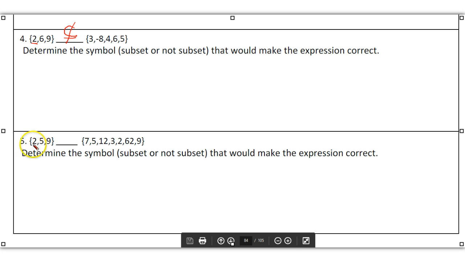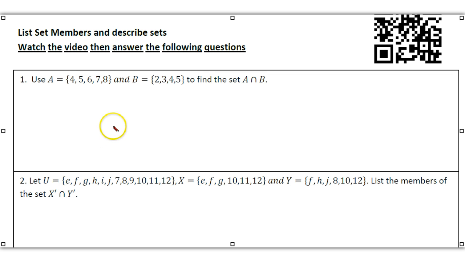Now, for number 5, we have a 2 and a 2, a 5 and a 5, a 9 and a 9. So this would be a proper subset, or you could put the bar as the general term as subset.